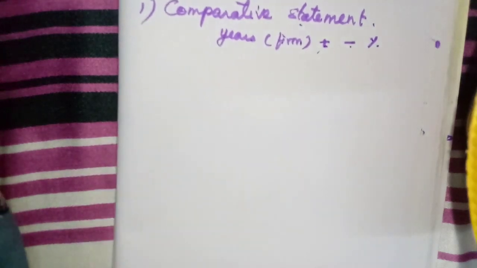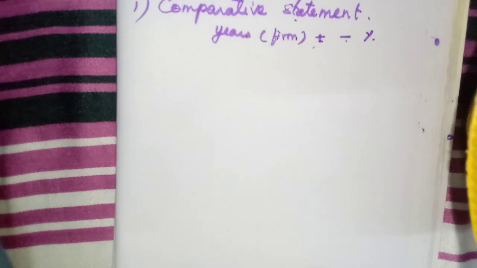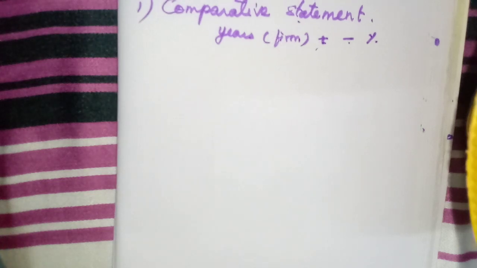Revenue from operations, 2 years given, 2015-16 and 2016-17. First year 50,000, then next year 60,000. Other income 10,000, 30,000. Expenses 40,000, 50,000.